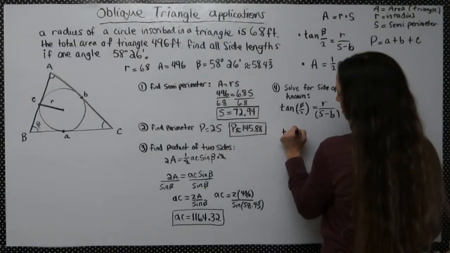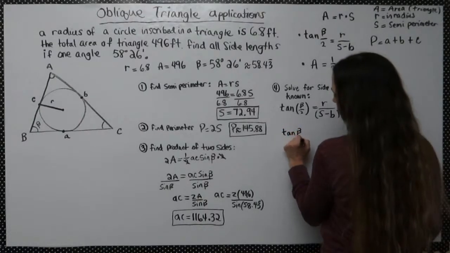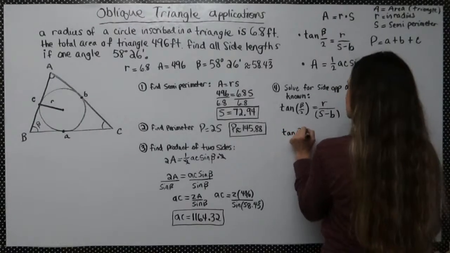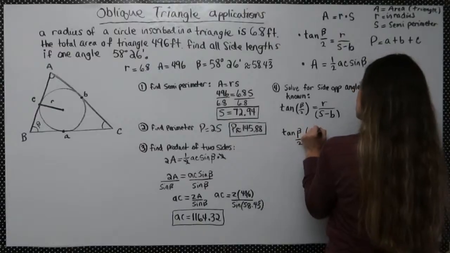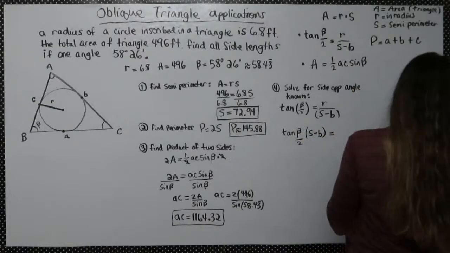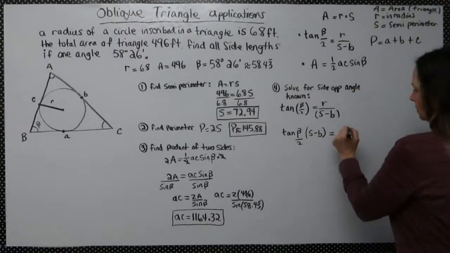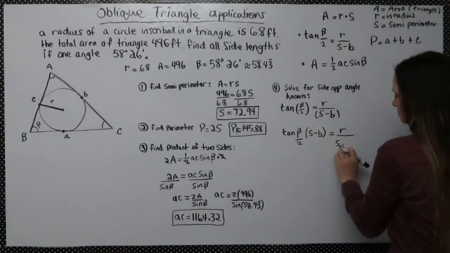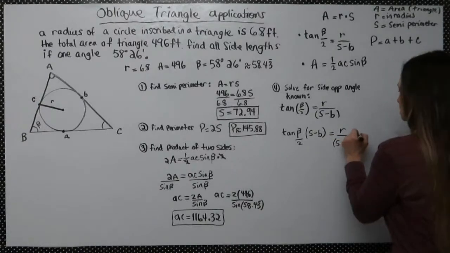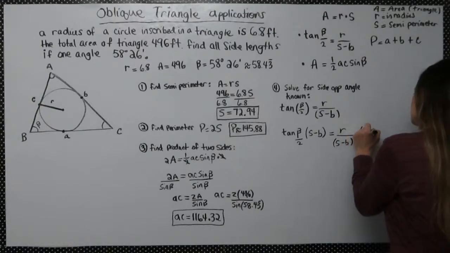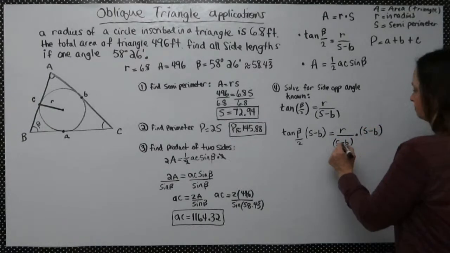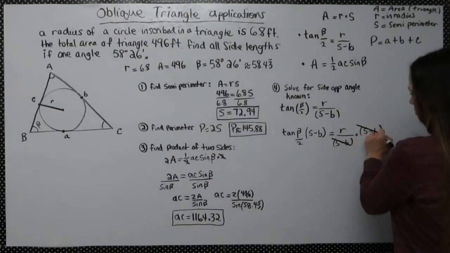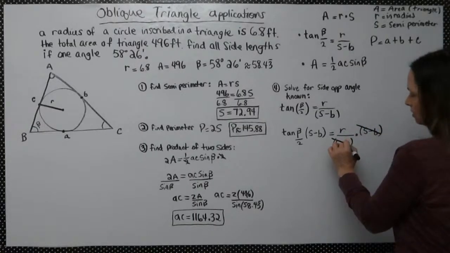Tangent of beta over 2 times S minus B equals R over S minus B times S minus B. Those will cancel. And I have R.